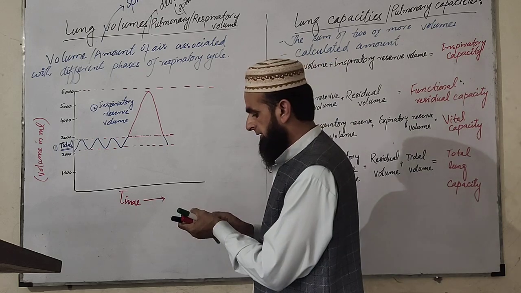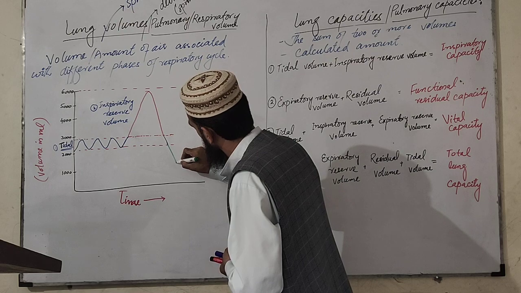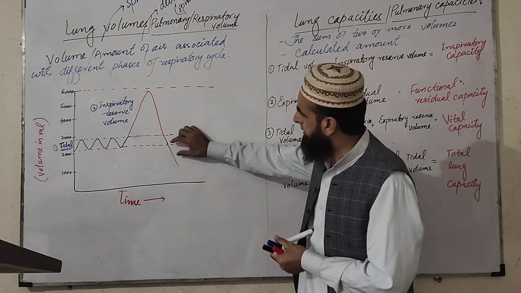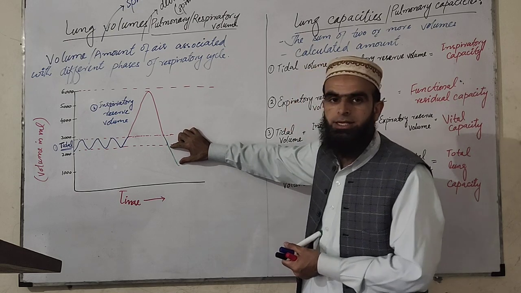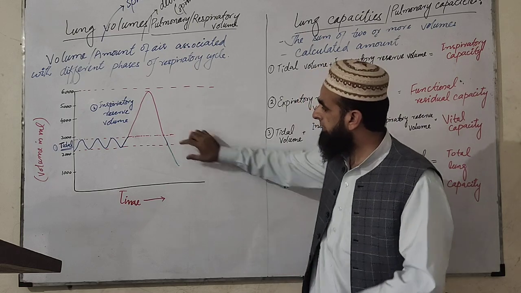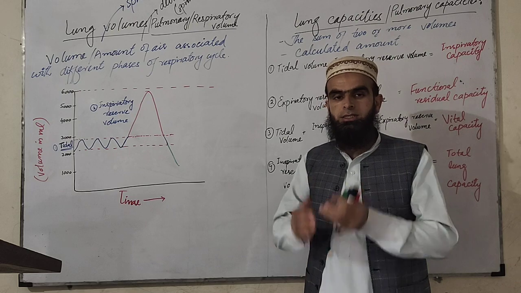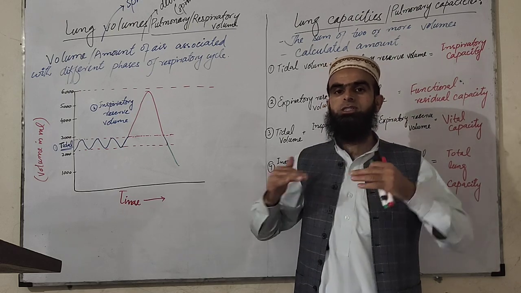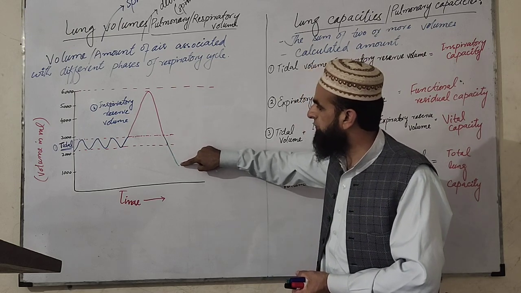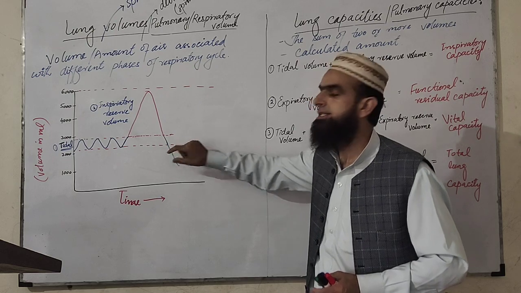If that amount of air is shown with the help of this graph, the air released extra to the tidal volume is shown here. This is another reserve volume which has been released during expiration. Therefore, this amount of air which is expired as a reserve is called expiratory reserve volume.